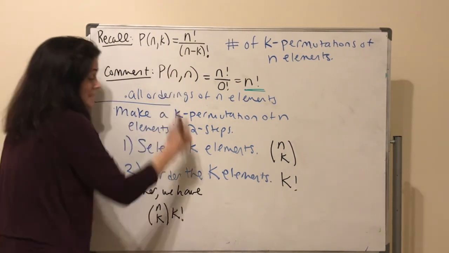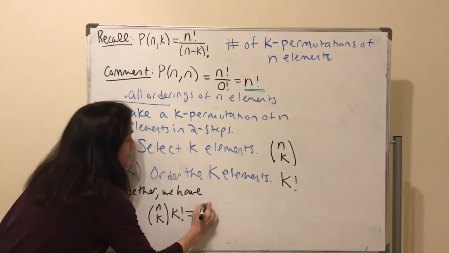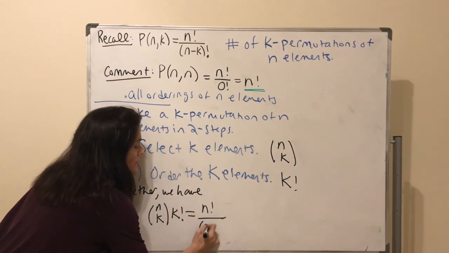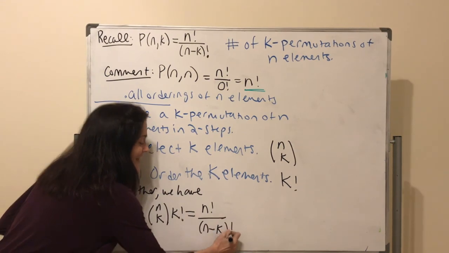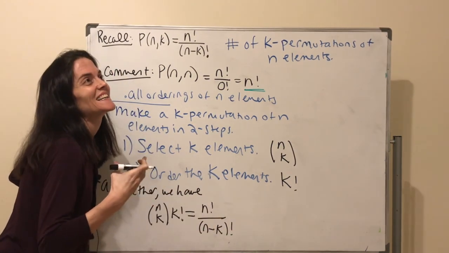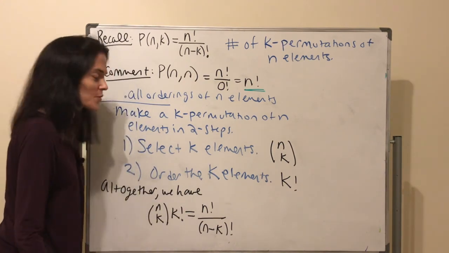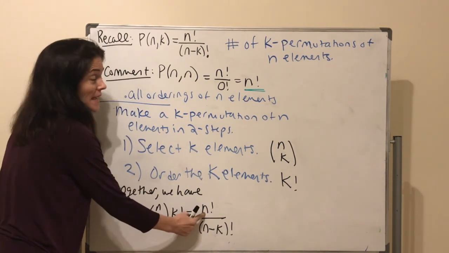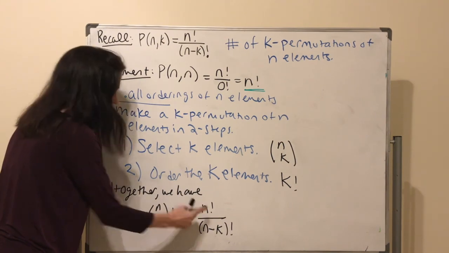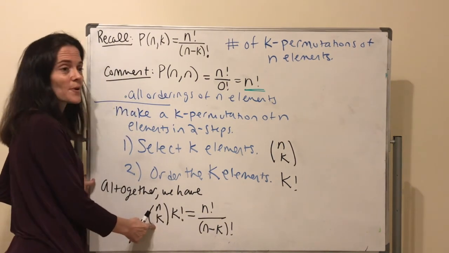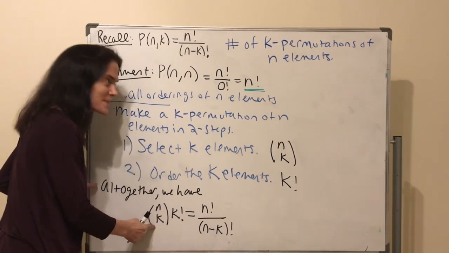And that must equal this. It must, because they are both counting the same thing. And this is really the whole idea we will use next time with our combinatorial proof. But this counts k permutations of n elements, and this, through this two-step process, also counts the k permutations of n elements.